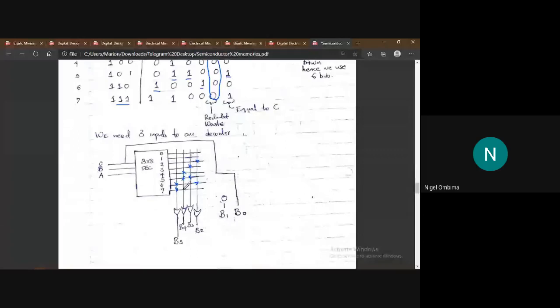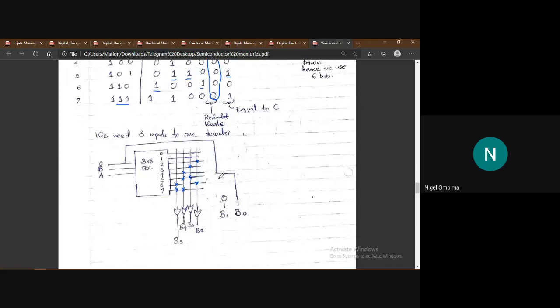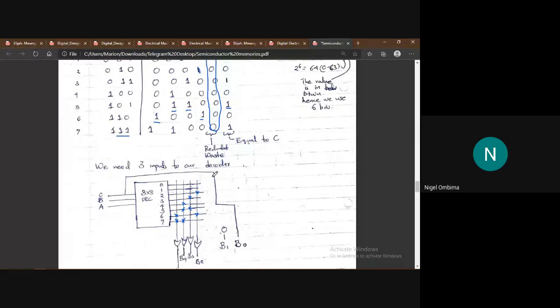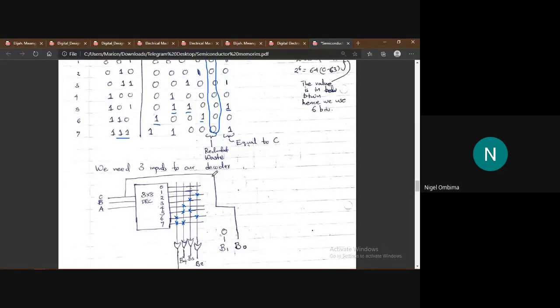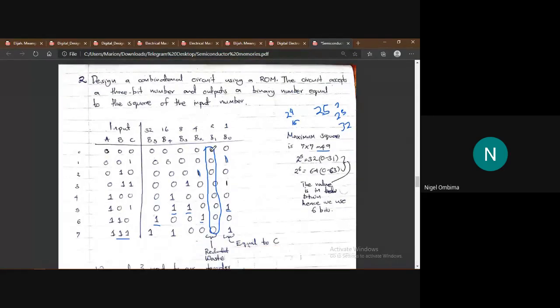Sorry, this is B5 and B4 is 1. The rest are zeros. But B0 is a 1 and B0 is C. So this is what we're supposed to come up with later. Like the answer, sorry. So this is just our answer.